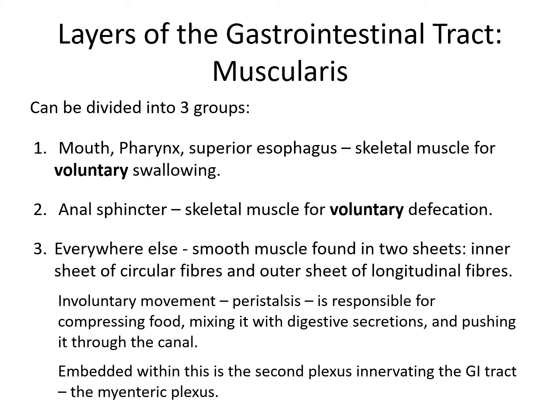So let's take a look at these three regions that I've got here. And these regions are set up based on what sort of muscles are present and how much control you have. So again, in the mouth, the pharynx, which is the throat, and the upper esophagus, skeletal muscle is present. And you have control over skeletal muscle. A lot of stuff goes on when you're swallowing.